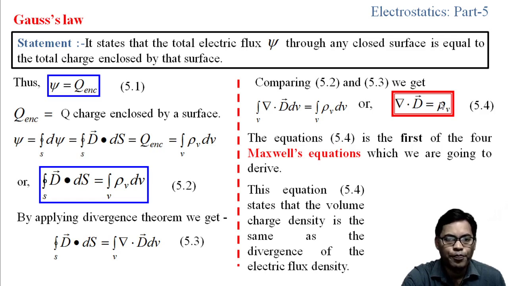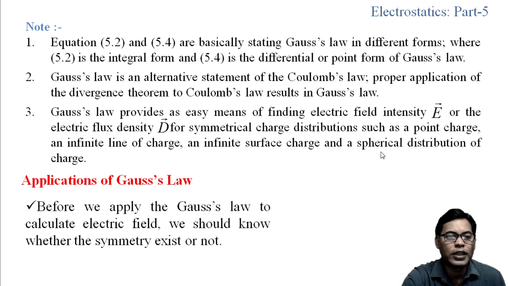Now you can see that equation 5.4 states that the volume charge density is equal to the divergence of the electric flux density. Also, equations 5.2 and 5.4 are basically stating the Gauss law in different forms.